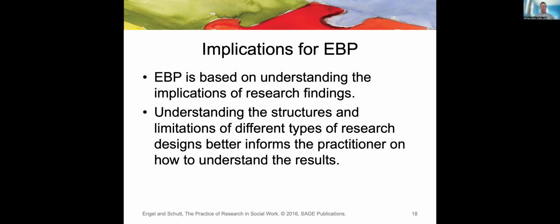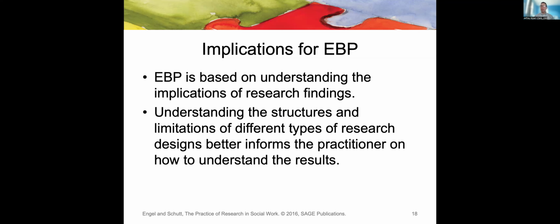So in the end, with evidence-based practice, when we apply this research for our casework as social workers, we need to understand how the research was done. Who was studied? How were they studied? And if you understand that, then you can better translate or not translate certain findings.